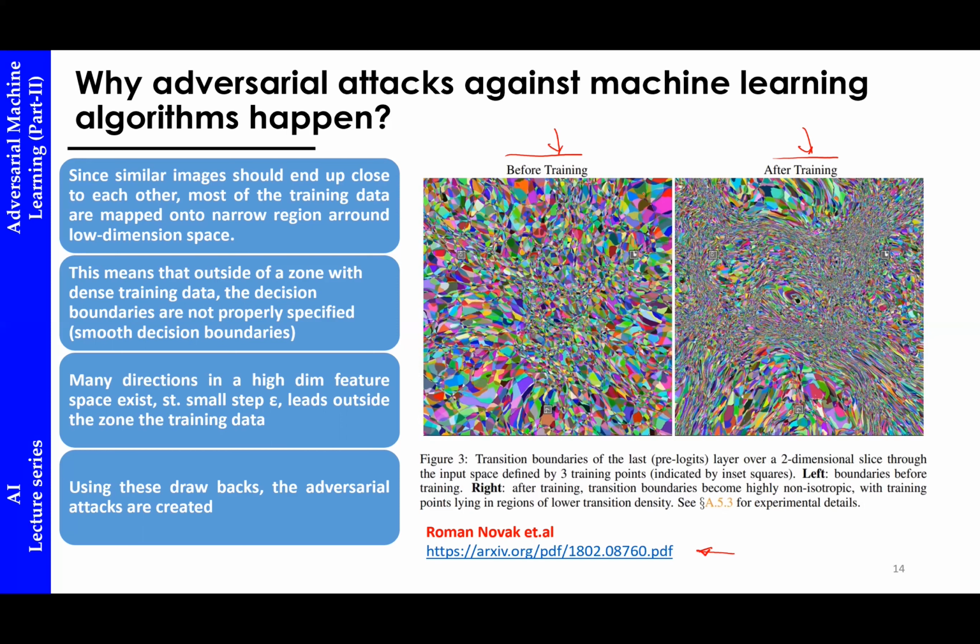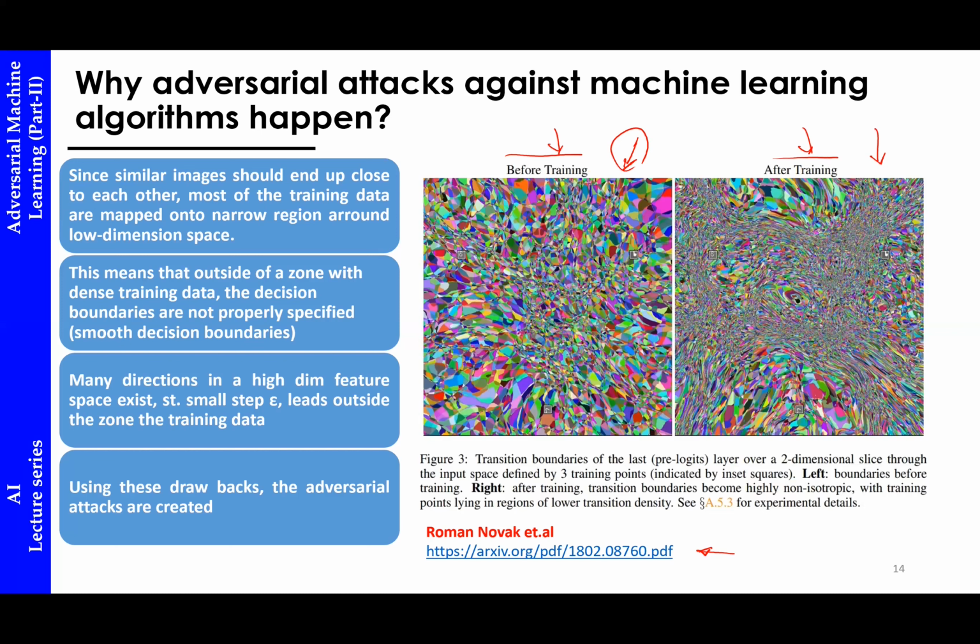Look at the boundaries at the left side. More or less, you can mark them. Some of them are very small, but the condition at the left side is much better than the right side, which is after training. And you cannot show a clear decision boundary here. You see that the boundaries are getting smooth.